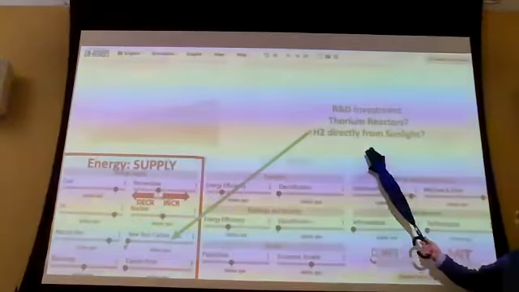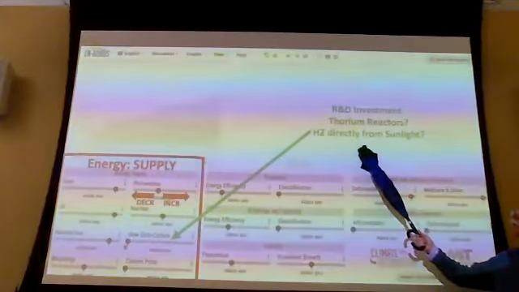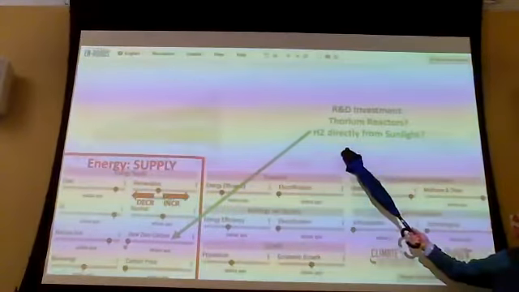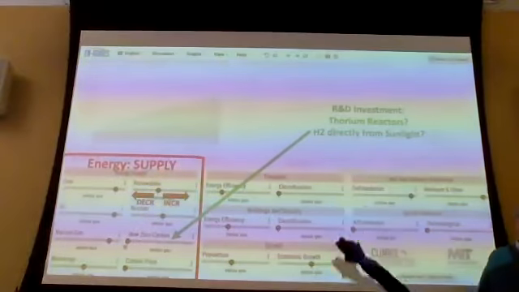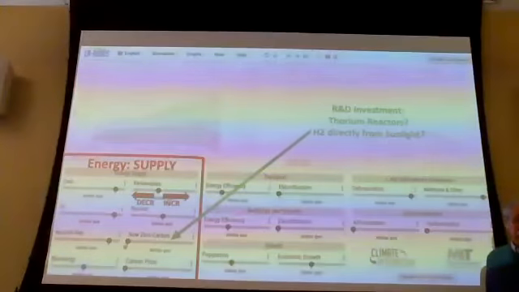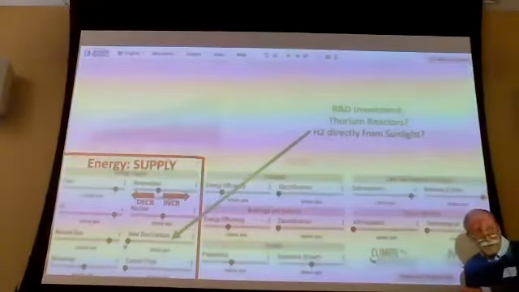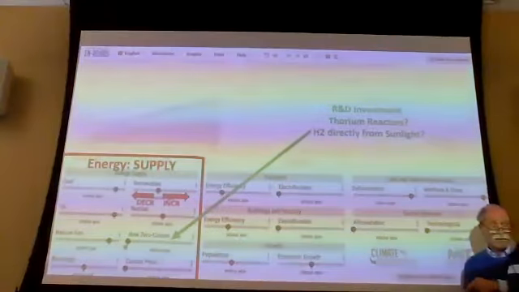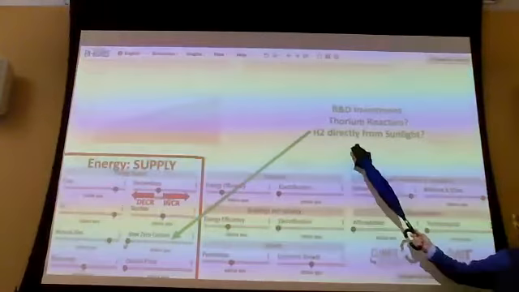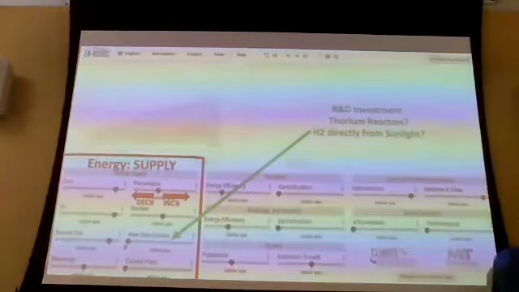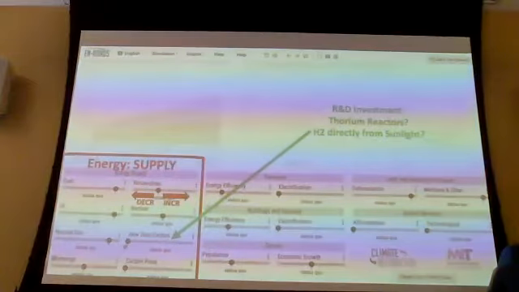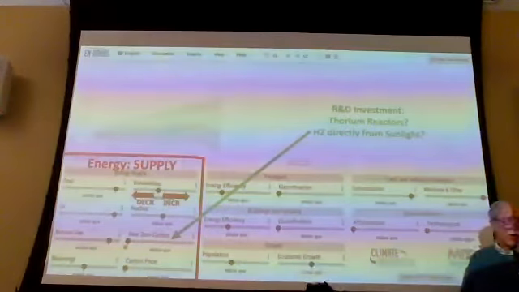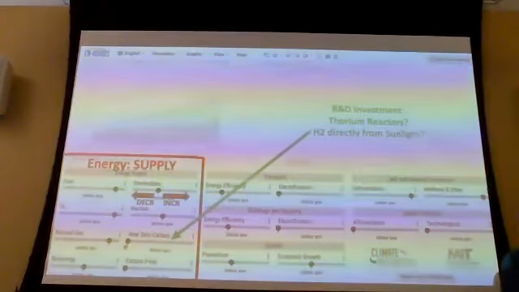Another idea is, right now, renewables only produce electricity. Could they produce hydrogen directly from sunlight instead of producing electricity, which is then used to electrolyze water? That's a two-step process, which isn't efficient. In fact, you can do this in the lab, but not very effectively. Who knows? Maybe someone can think of something new to do it. So it allows you to explore what would happen with a disruptive discovery of a new source of energy.